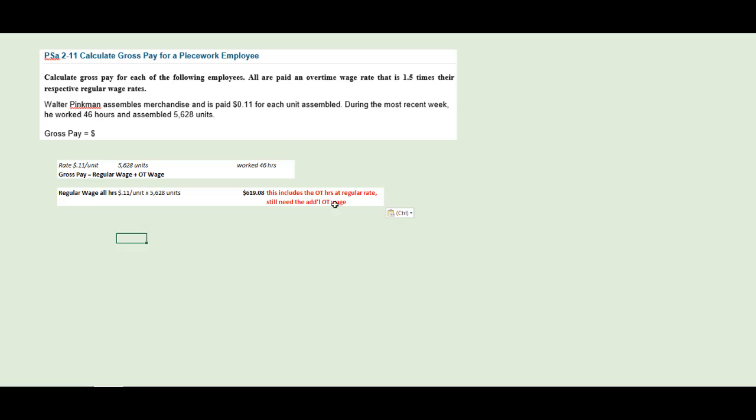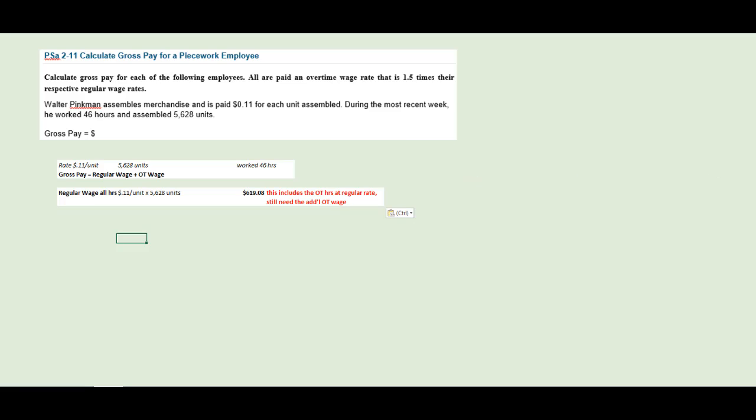What we don't have here, what's missing, is the additional overtime wage. So there are 6 hours of overtime, but what is that premium amount of wage for the 6 hours? We have the 6 hours of overtime at regular rate included in here, but not that additional wage for it being overtime.